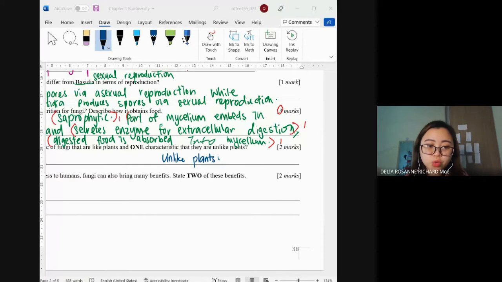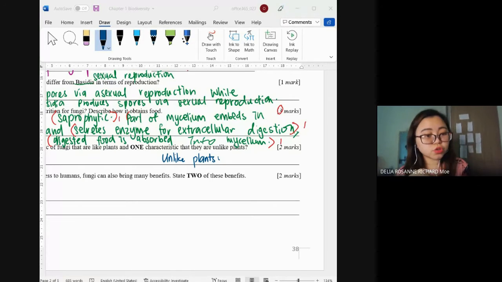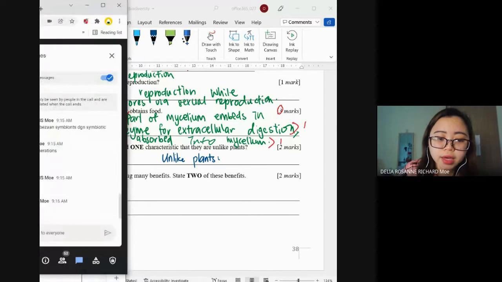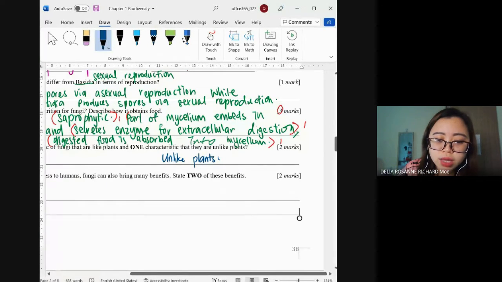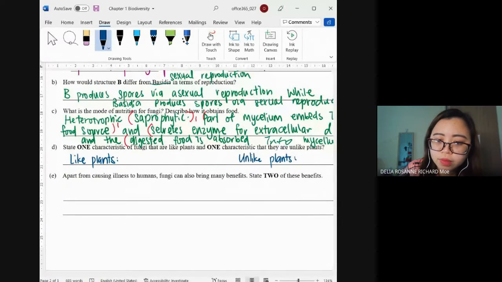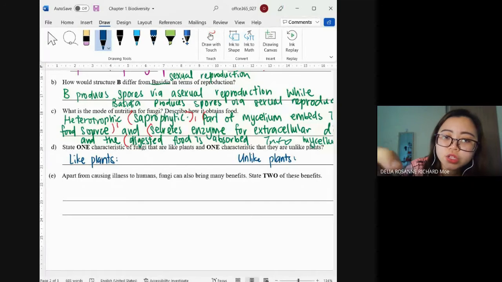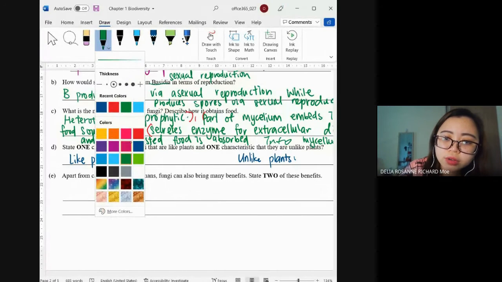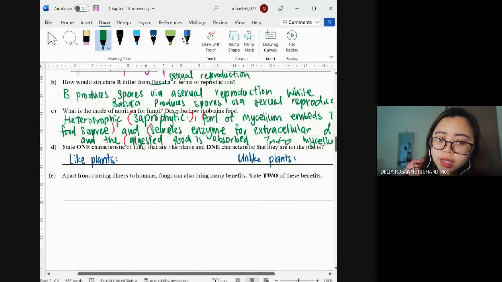Fungi are much weirder. So we usually don't use that point as an example, but good try, good observation. And okay, so Yap's answer in the chat is not motile. Not motile is correct. That is one characteristic of fungi that are like plants.